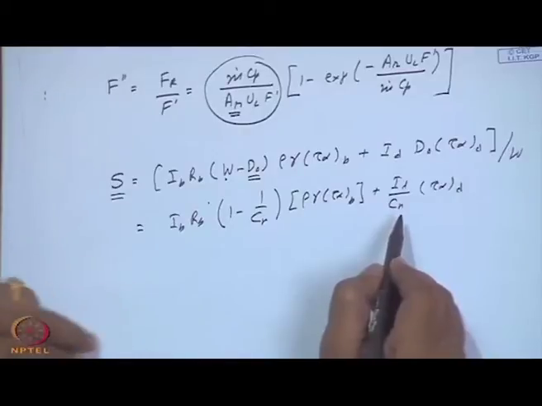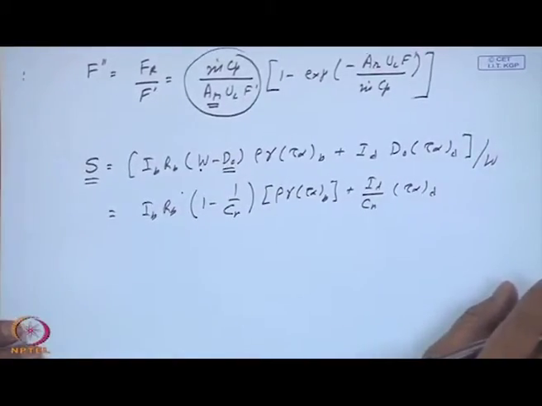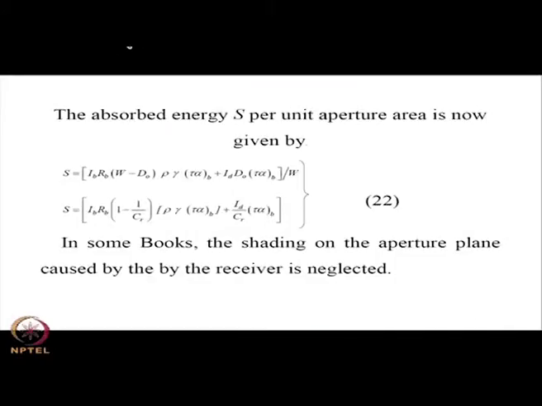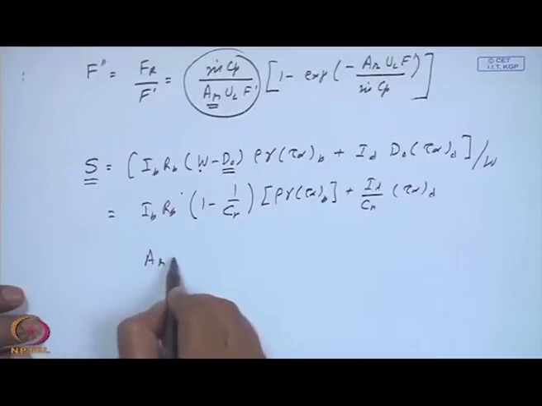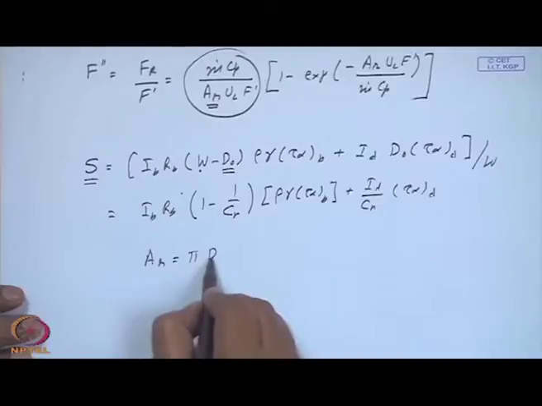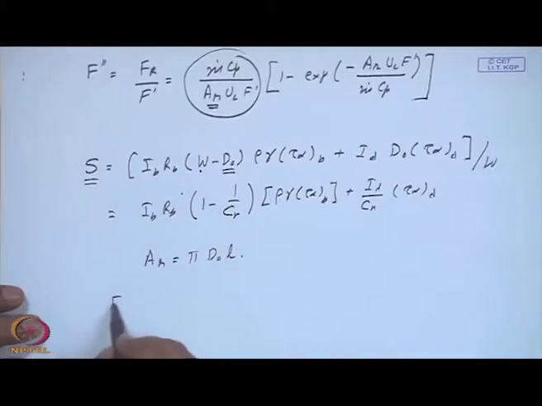So, this is what you have got if you consider the shading by the receiver tube onto the aperture plane. And in many instances, if the concentration ratio is high, maybe 5 or 10, it becomes negligible, and consequently AR of course is pi d naught L, to reinforce the concept.